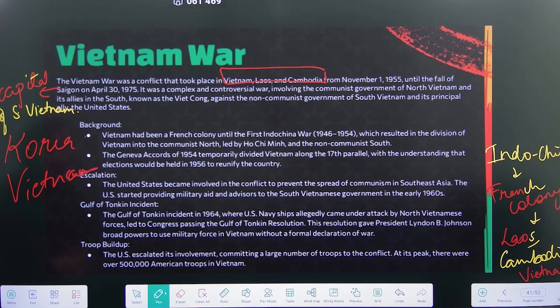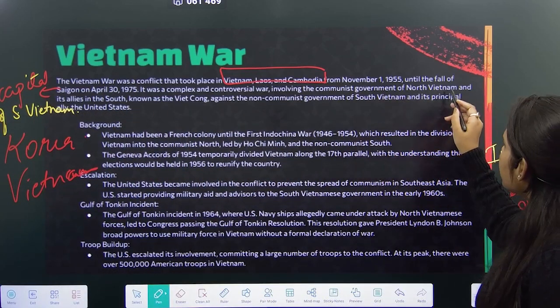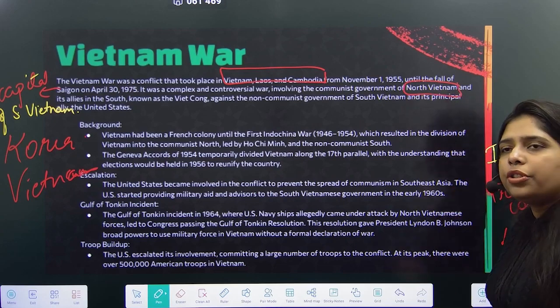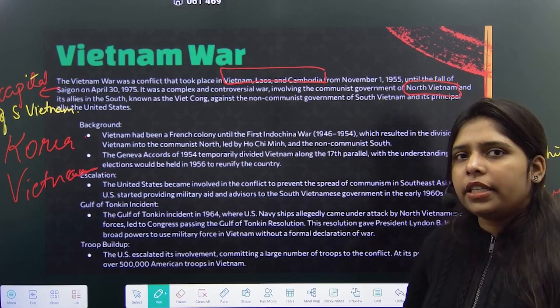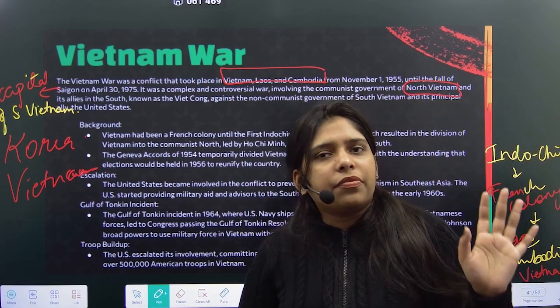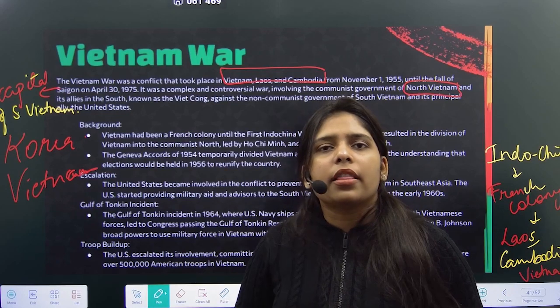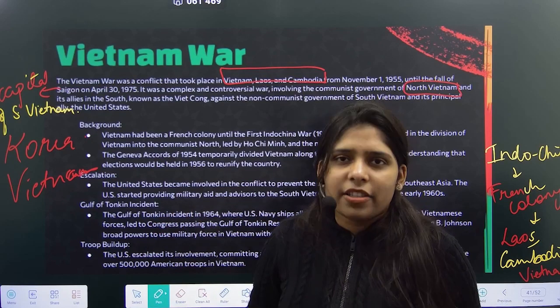It involved the communist government of North Vietnam. I told you in the case of the Korean War also that North Korea had a communist government backed by the Soviets and the People's Republic of China. A similar thing happened in Vietnam. North Vietnam was backed majorly by China.